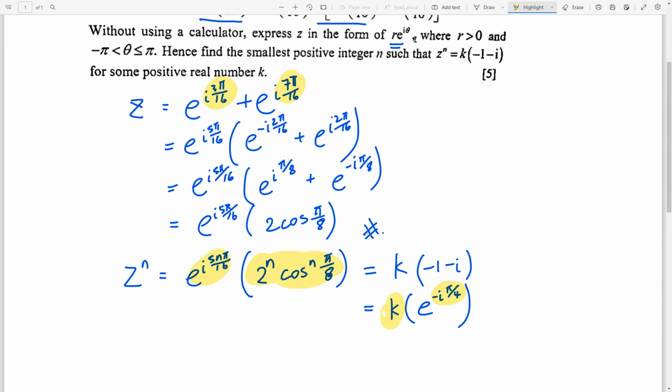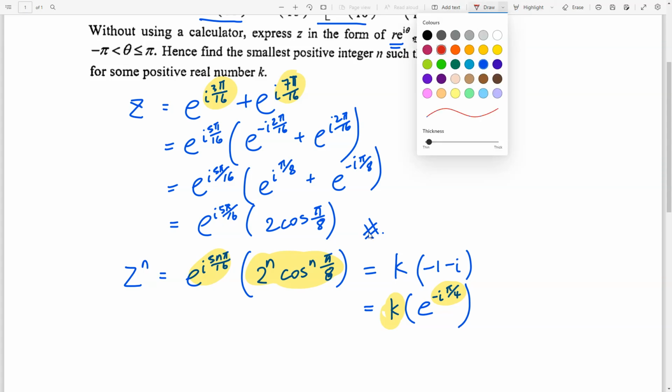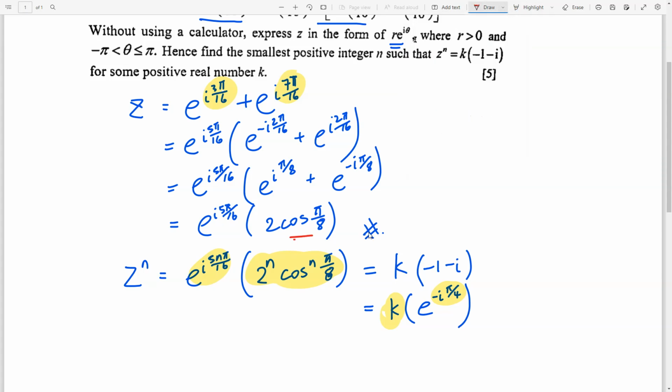Once we can get n, we can get k, and k is just a positive real number. It will always be positive here because our cos(π/8) is always greater than 0, it's in the first quadrant, and your 2 is always greater than 0. So regardless of your value of n, it will always be positive. What we need to do is find n.